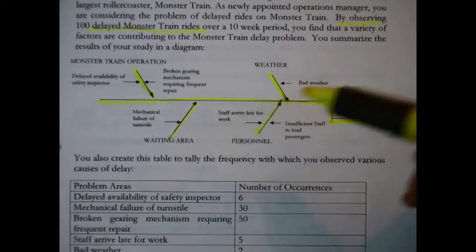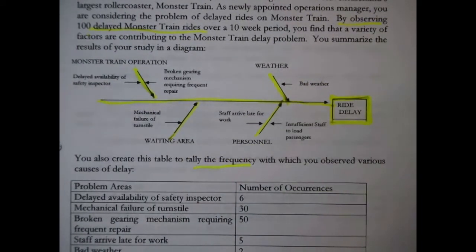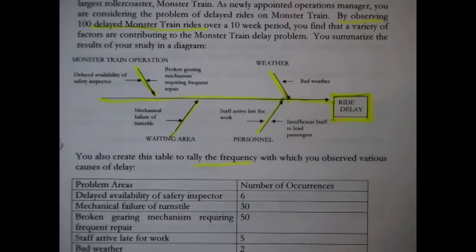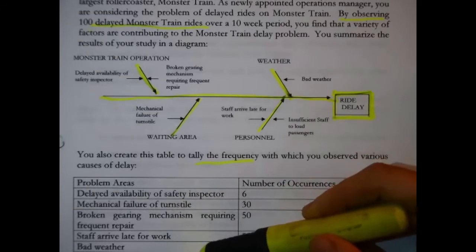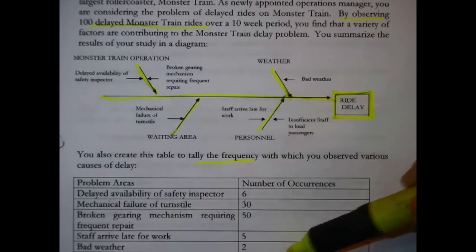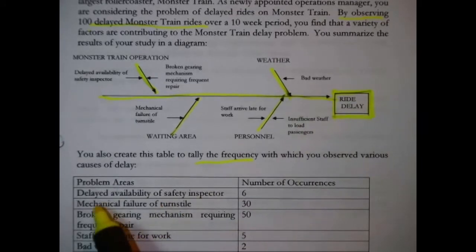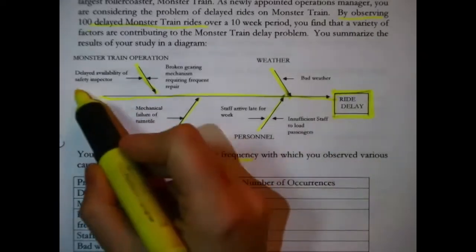You also create this table to tally the frequency with which you observe the causes of delay. So, a list of problem areas or causes is here, and this is the number of times that you saw them over a 10-week period. Notice that each of these areas, delayed availability of safety inspector, for example, is up here.